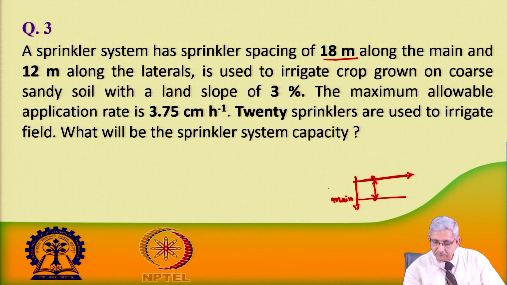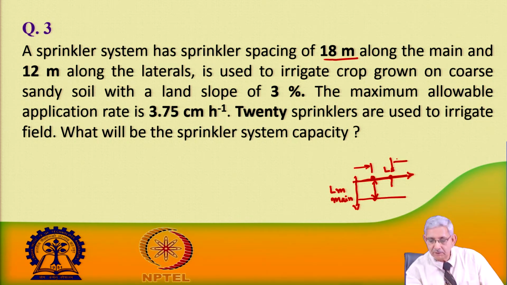So, we are putting here LM and this is LS. So, this is another sprinkler which is at 12 meter. So, this spacing is along the lateral.